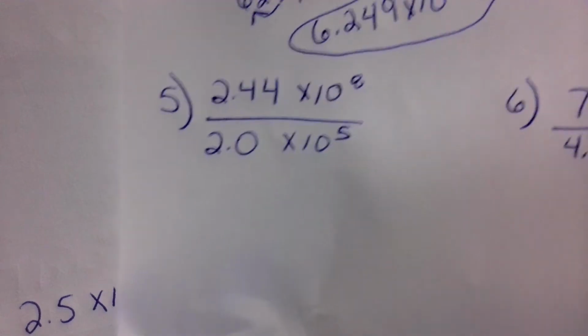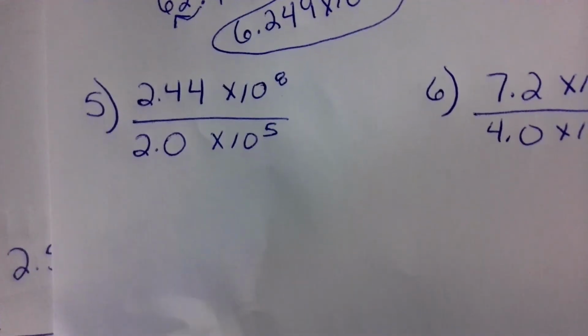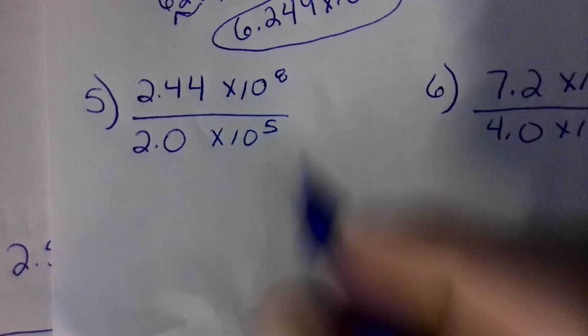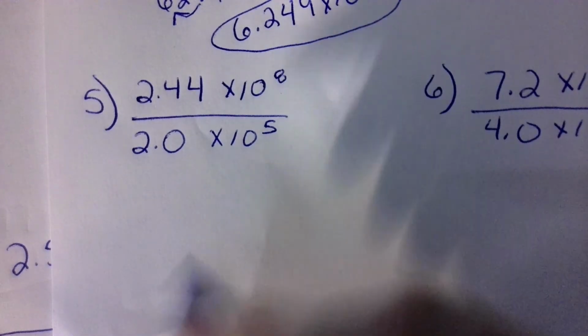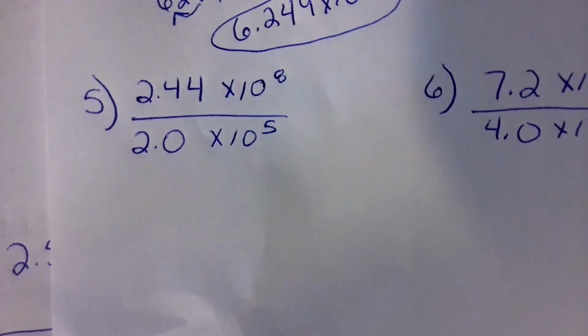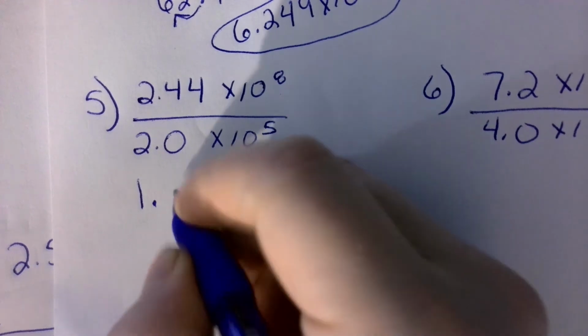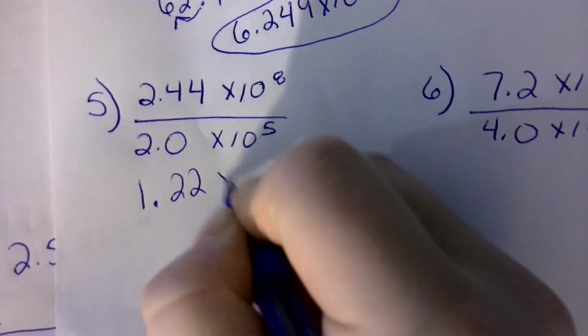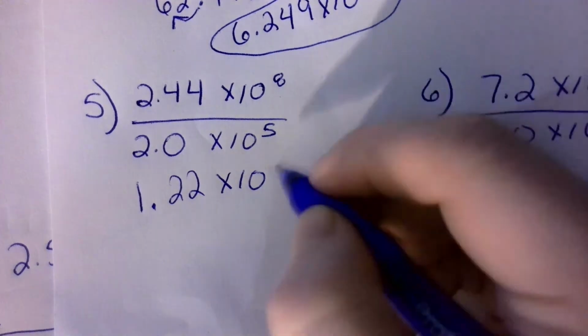Okay, and division was the opposite of multiplication. So instead of adding these exponents, I'm going to subtract them. I'm going to divide like usual. When I divide that, I'm going to get 1.22, rewrite my times 10. 8 minus 5 gives me 3.